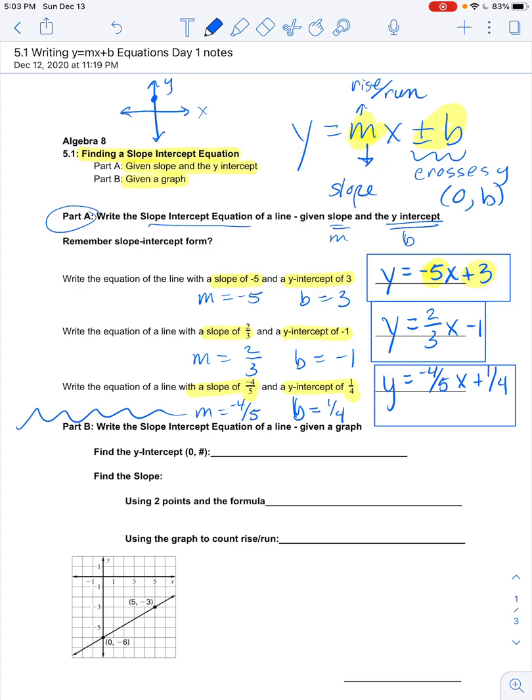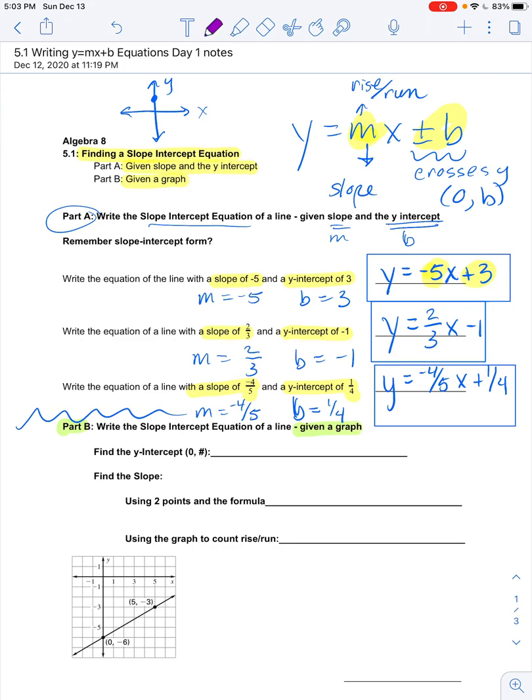This one's going to take a tiny bit of thinking, a smidge of thinking, but it's still not going to be super complicated. In this part, it says, part B, write the slope-intercept equation, so same end result, but here you're going to be given a graph.